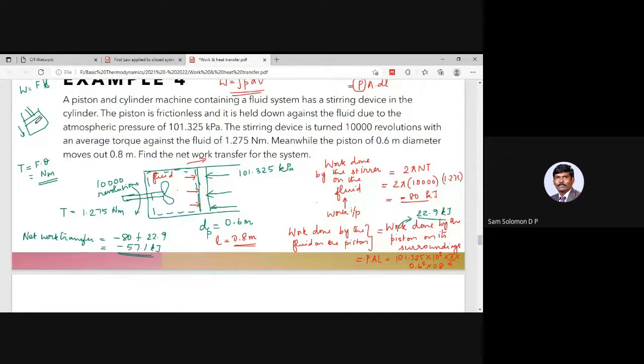Okay, now come to this example. In this example, the pressure inside, let's say at the initial stage, is lesser than the atmospheric pressure outside, or maybe equal to it.